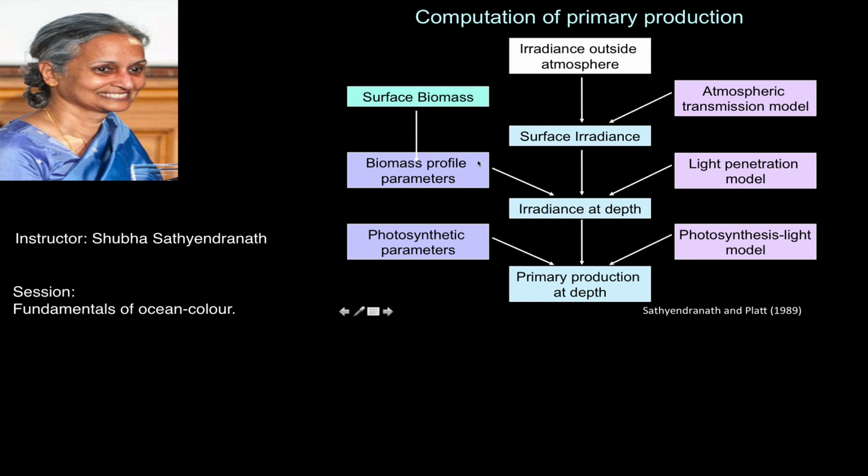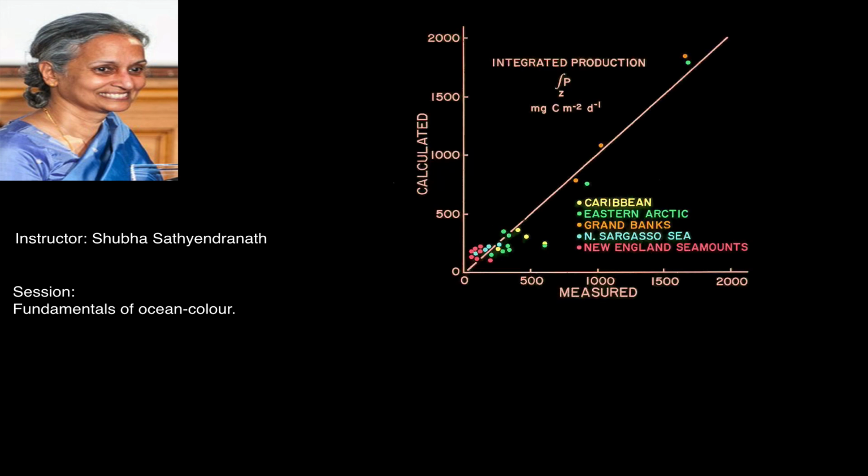If you have taken care of all those steps, then it is a relatively trivial thing. You compute the primary production at that depth, at that time, at that location. Then it's donkey work and you let the computer do it. You do it for all the depths, all the locations, integrate over the time, and then you can have a map of primary production, or you can have a primary production at a particular location.